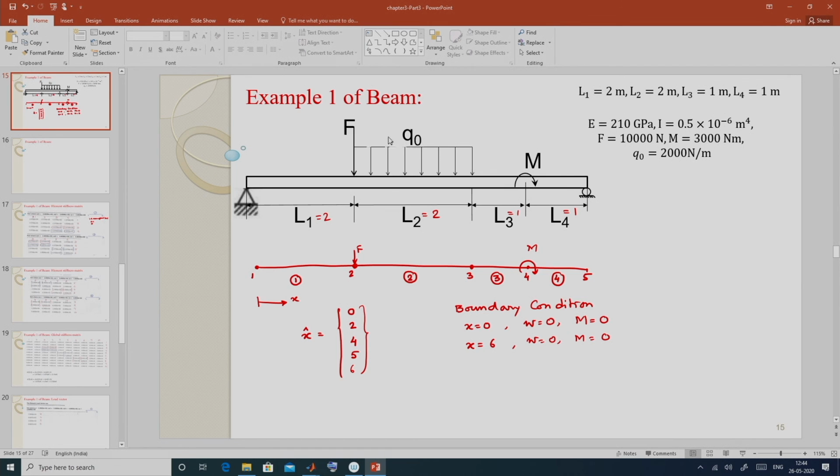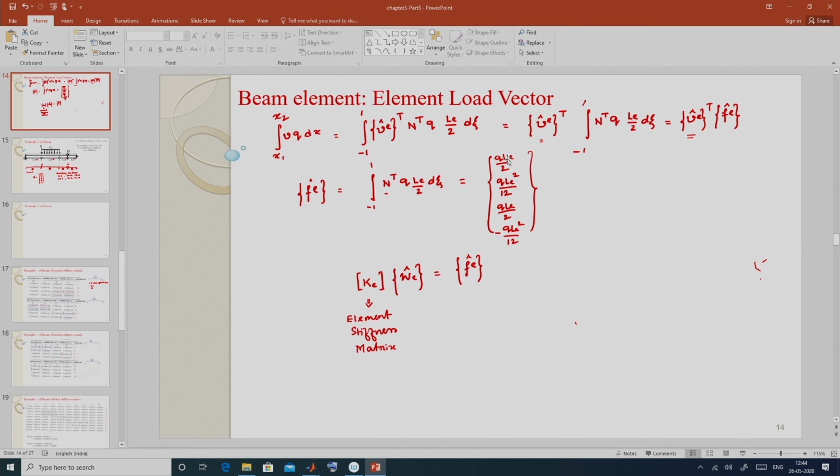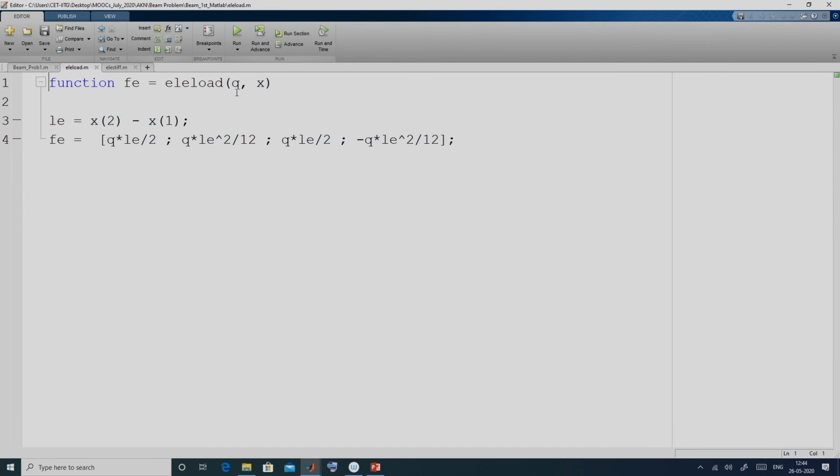Now, in this example, only for this element 2 we have some uniformly distributed load, which has to be taken care of at element level. So, this is your element load vector for uniform Q. Let us see in Matlab. So, in Matlab again this FE is the element load vector for that element, where we are giving that uniform load Q and the nodal coordinates for that element.